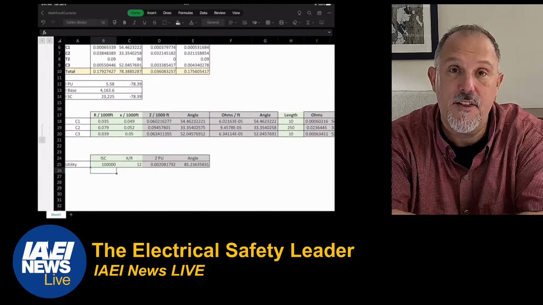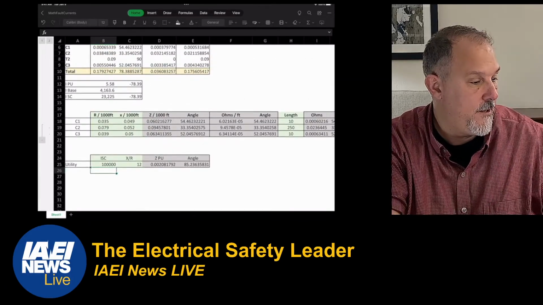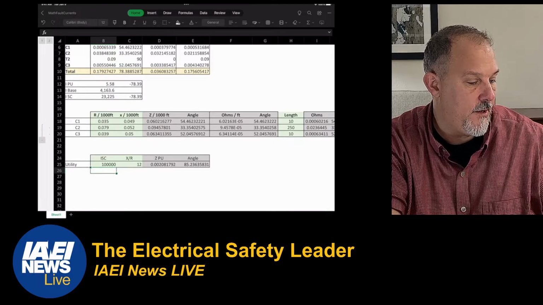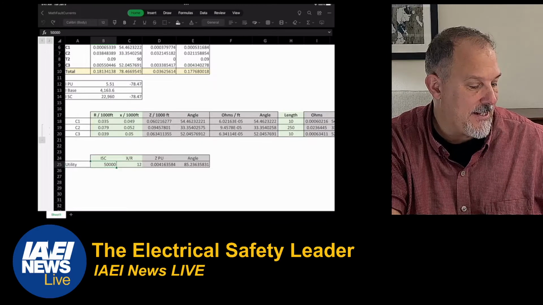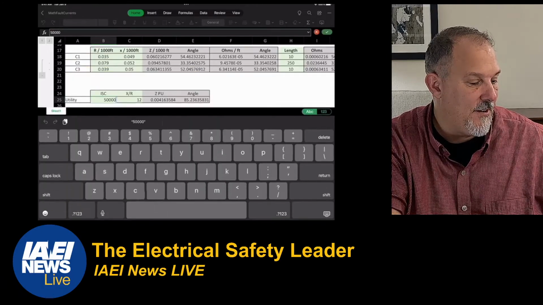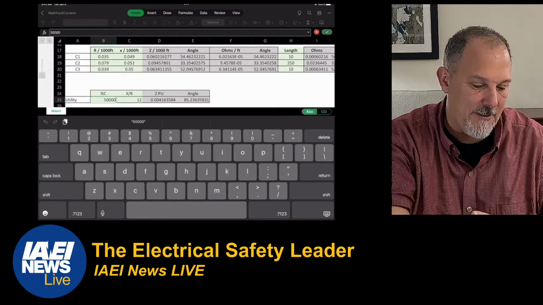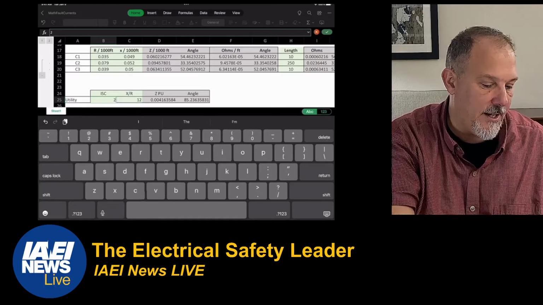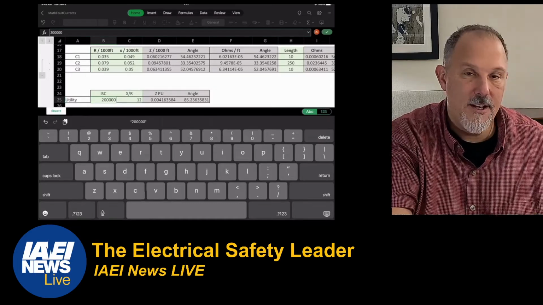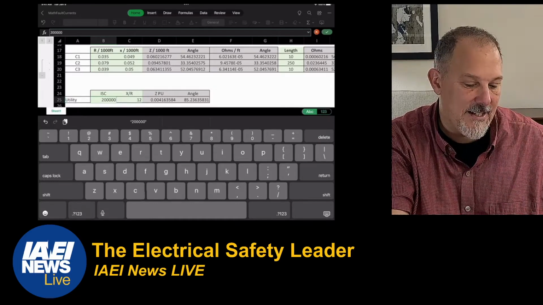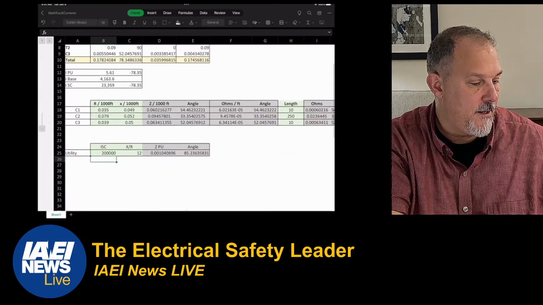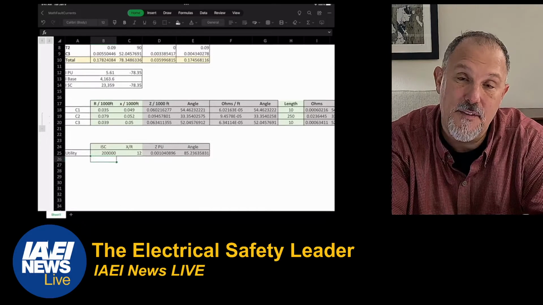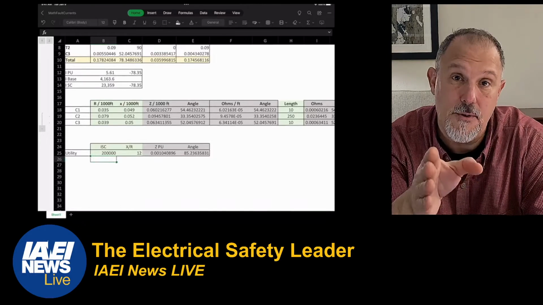I went to 23,225 from 22,960. Now I'm going to make this 200,000 amps. I go from 22,960 to 23,359. What does that tell you?